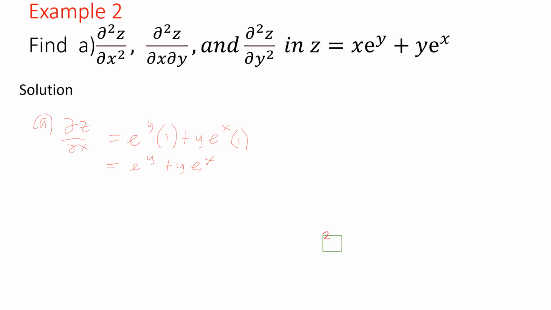Then the second partial derivative of g with respect to x squared equals 0 plus y e to the power x times 1, equals y e to the power x.